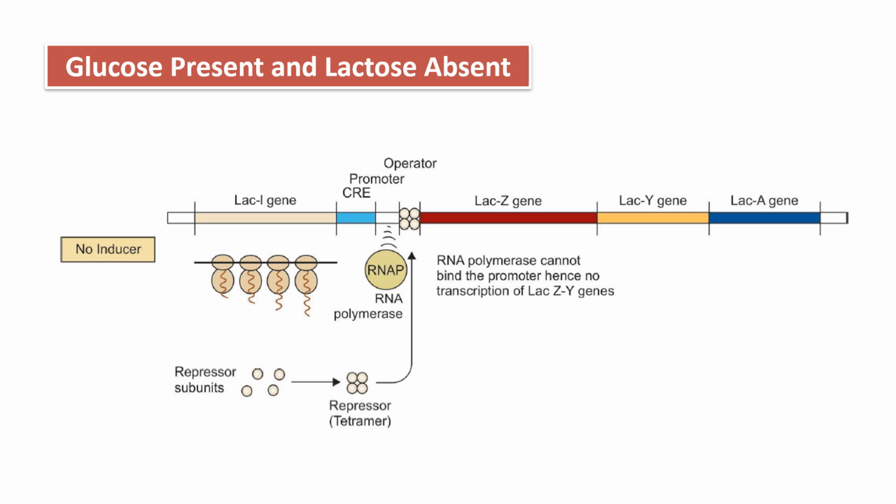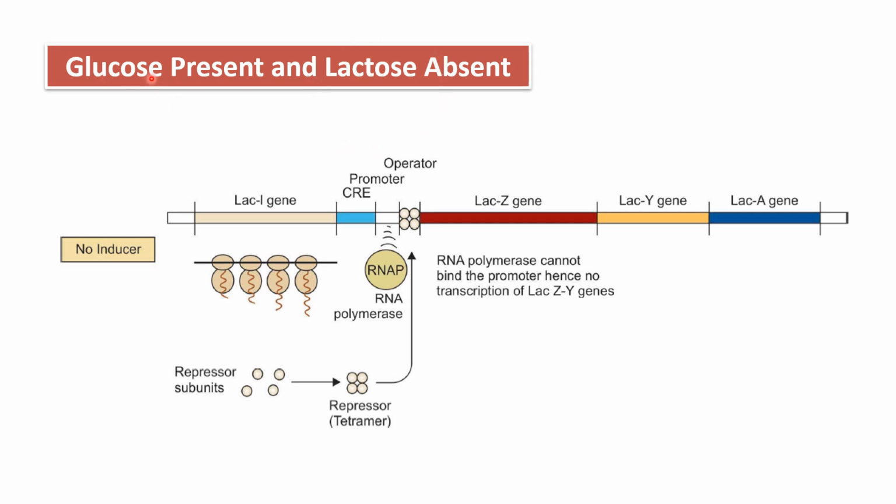So how is the control taking place? So first scenario, as we have seen already, the regulation of gene expression is based on some stimuli. Either it could be internal stimuli or external stimuli. So here the stimulus is based on the presence and absence of lactose and glucose. So the aim is the bacteria need glucose.